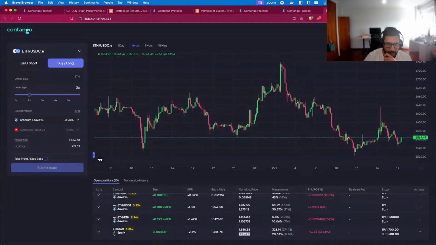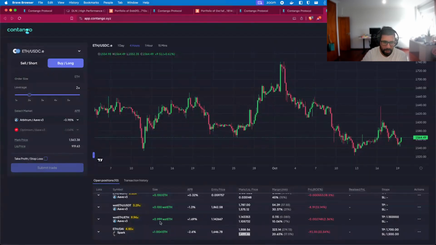Then we have these positions like staked ETH, where I'm basically collecting the positive funding rate. Lido pays me more than what I'm paying Aave for borrowing ETH, and we consider this in the APR. It's telling you I'm making 169% a year over my whole position.